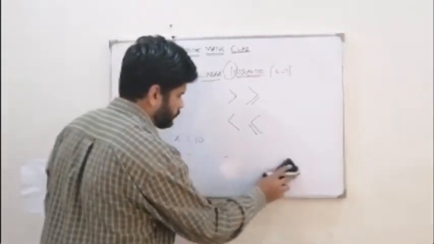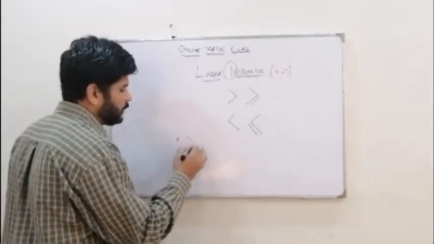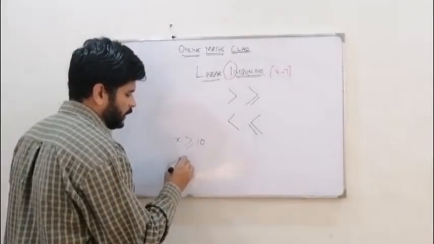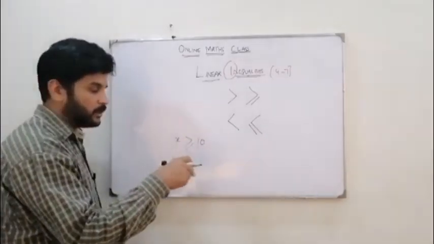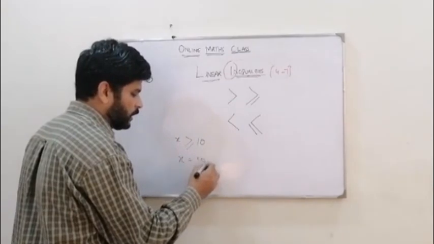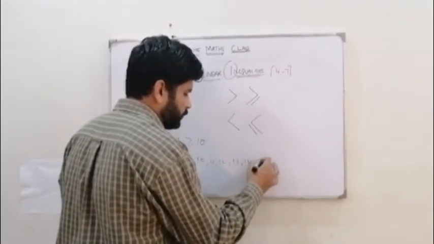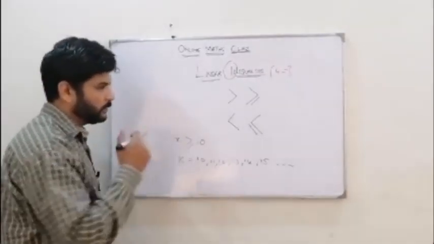So if I'm going to talk about x is greater than or equal to 10, it means that x is greater as well as equal, right? So 10 must be included as well. So x should be equal to 10, 11, 12, 13, 14, 15. The only difference is that this number is also included when it is equal here, right?